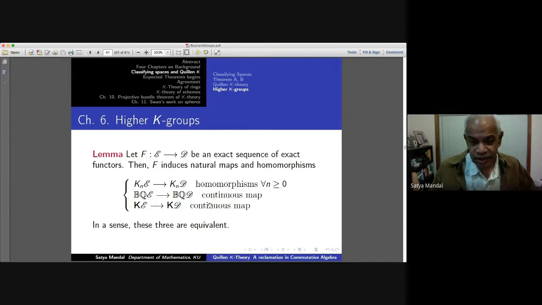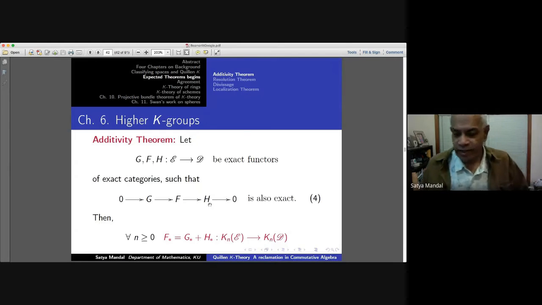Even describing K1 of the category of finitely generated modules, that's a big deal. Okay, there is a definition, but it needs to be looked at more carefully. Good. Now I define. Okay. Now we know what are the theorems to expect.